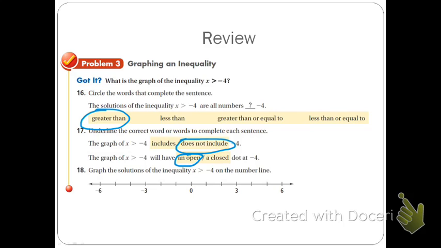Therefore, in question number 18, to graph the solution of x is greater than -4, you have to find -4 on your number line. -4 would be between -6 and -3, so right here we have to leave it open. And our inequality is pointing to the right, so our arrow, when we graph it, should also point to the right. Don't forget your arrowhead on that.